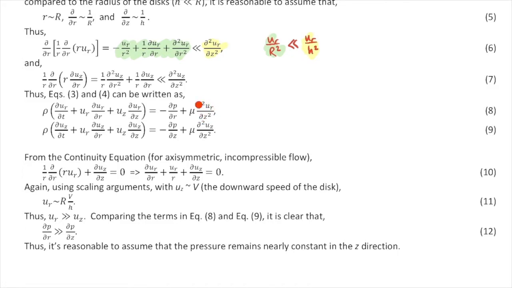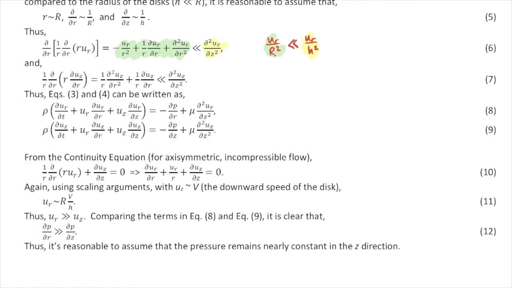So basically, all of the terms in the z component of the Navier-Stokes equation are much smaller than the corresponding ones in the R component, which means that the pressure gradient in the z direction will be much smaller than the pressure gradient in the R direction.